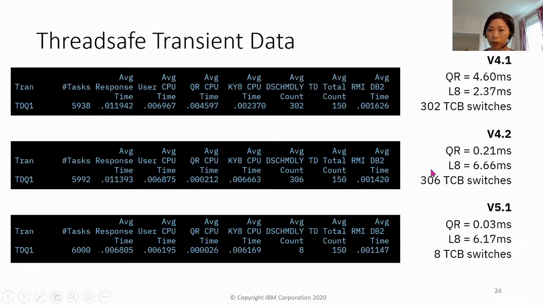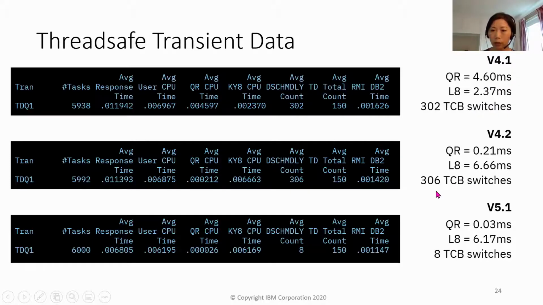So here we're showing you some measurements we have for those different scenarios and different configurations. For the ones which are not thread safe and need to switch to QR for the majority of the time, it has 302 TCP switches, and the QRTCP was busy for 4.6 milliseconds.